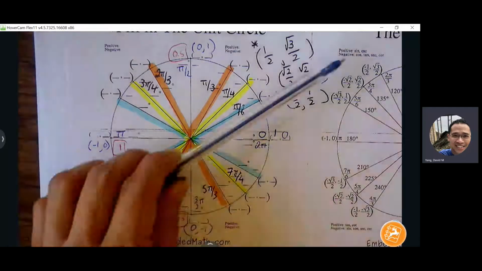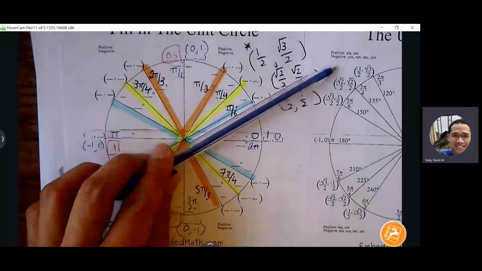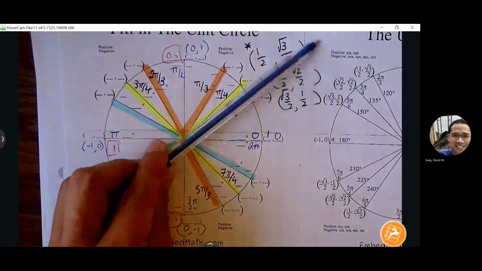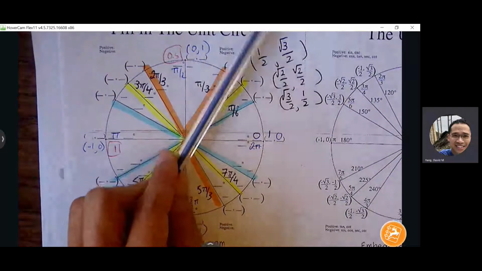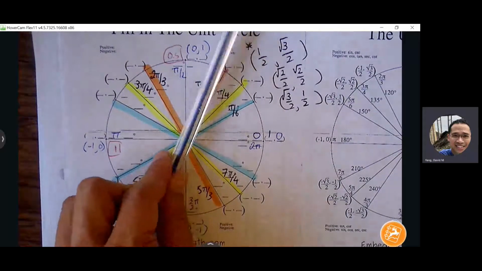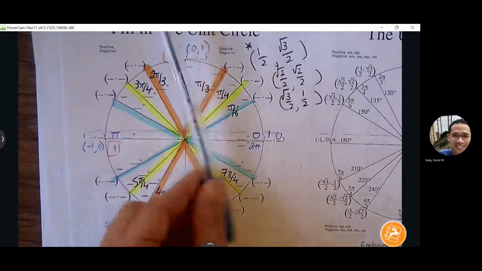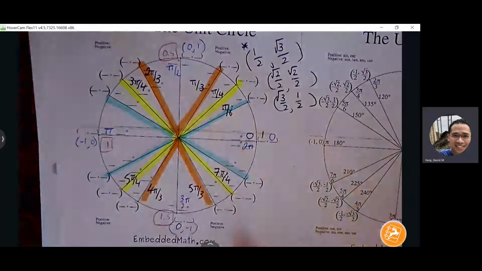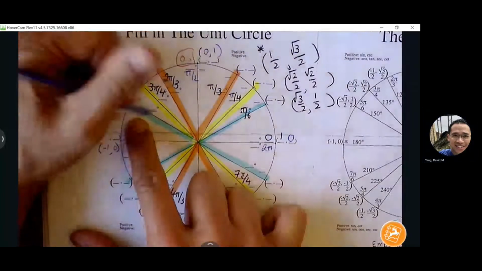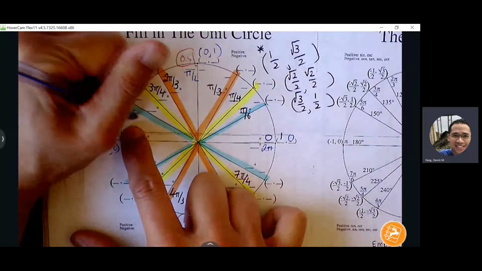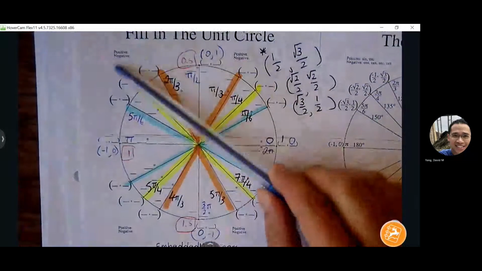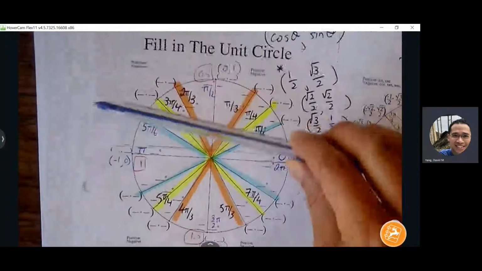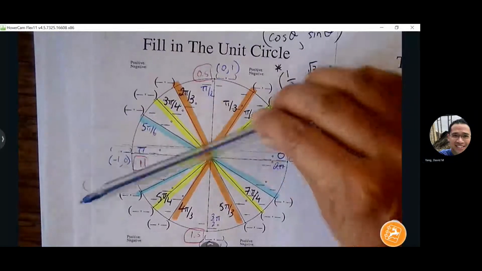Okay. 1/6, next is what? 2/6. That's a duplicate. 3/6. 4/6. 5/6. Okay, there's an open slot. 5 pi over 6. Okay, 6 over 6. 7 over 6.